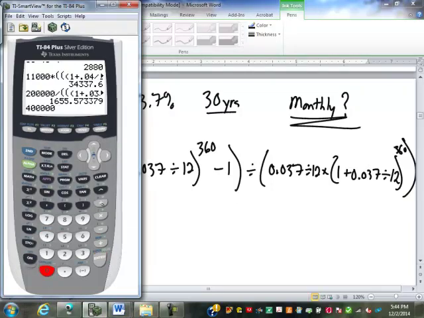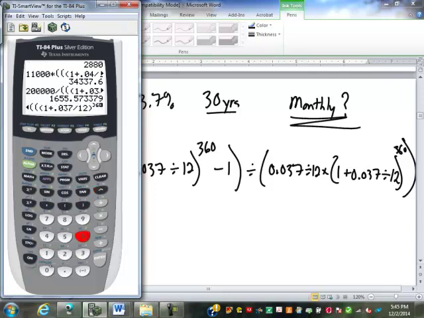400,000 divided by open parentheses, 1 plus 0.037 divided by 12. Close. Power of 360. Minus 1. Close. Divided by open, oops, I need to open parentheses.